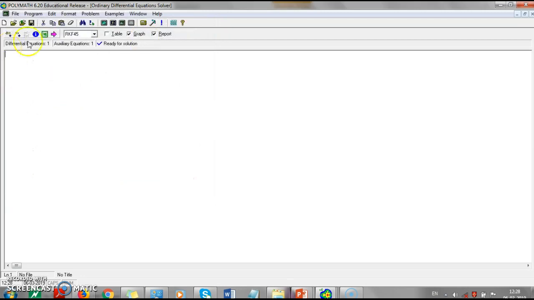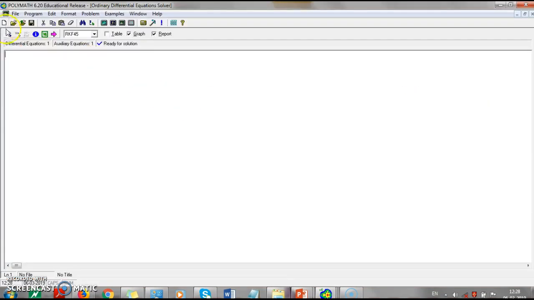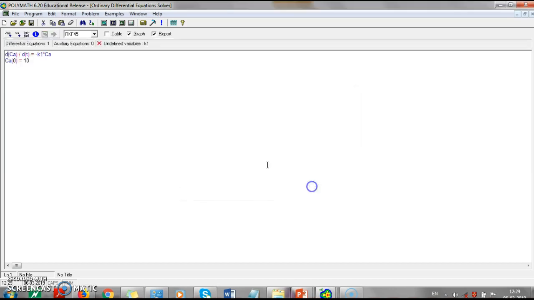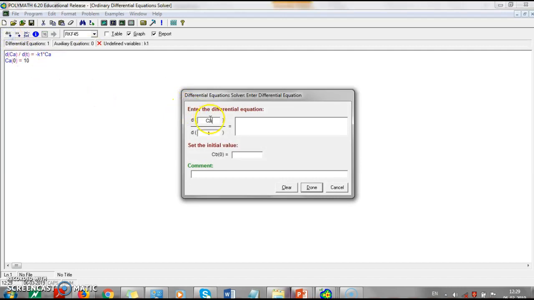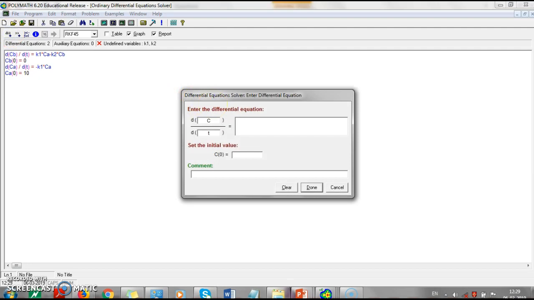Now let us look at reactions in series, where A gives B gives C, and we have K1 for A to B and K2 for B to C. If I want to write equations pertaining to this, I say dCA by dt equals minus K1 into Ca with initial concentration as 10 mole per liter, and we also add for Cb, which is K1 into Ca minus K2 into Cb with initial concentration of B being 0, and we also have dCc by dt, which is equal to K2 into Cb with initial concentration of Cc as 0.